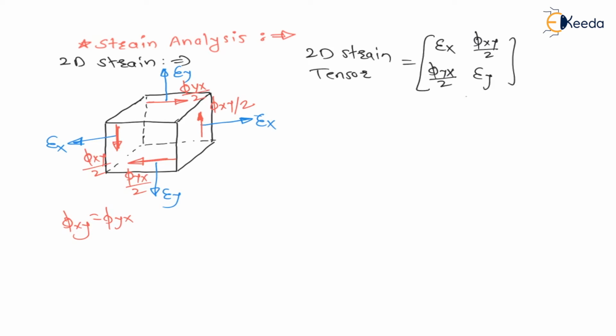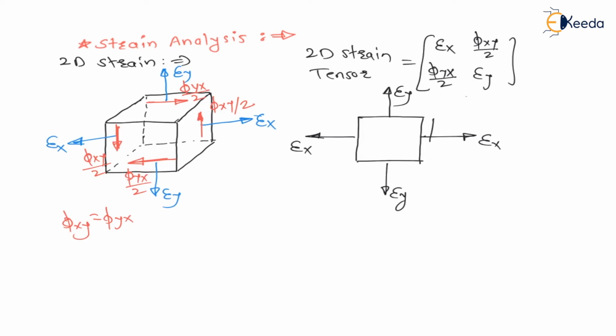Now if I want to see a simplified view in 2D, there will be Ex, normal strain along x axis, Ey, normal strain along y axis, as well as shear strain, which is nothing but phi xy by 2.